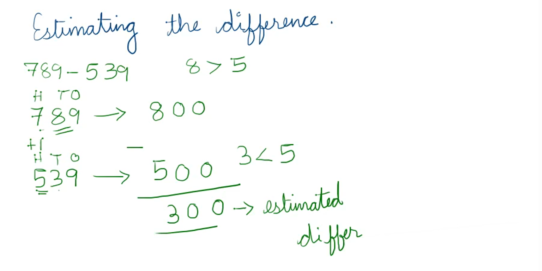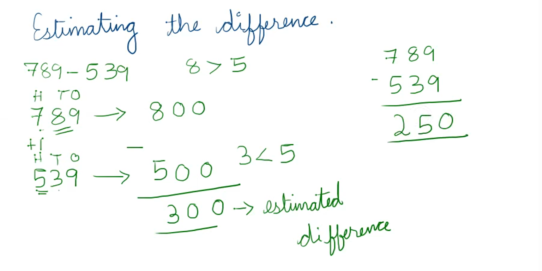So now what will be your actual difference? So that is nothing but 789 minus 539. So your 9 minus 9 is 0, 8 minus 3 is 5, 7 minus 5 is 2. So now this is your actual difference.